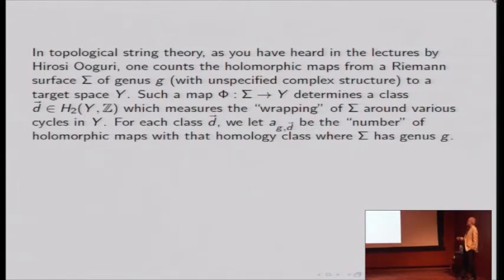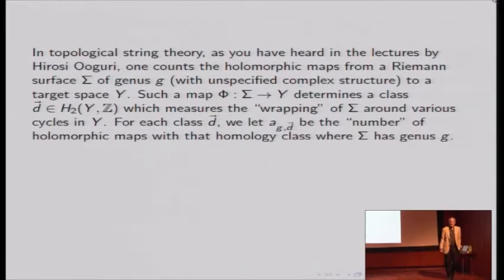It measures how sigma is wrapped around various cycles. And then, to compute the topological string theory partition function, for every genus of the worldsheet and every winding number D, you count the number of holomorphic maps with that homology class where sigma has genus G.